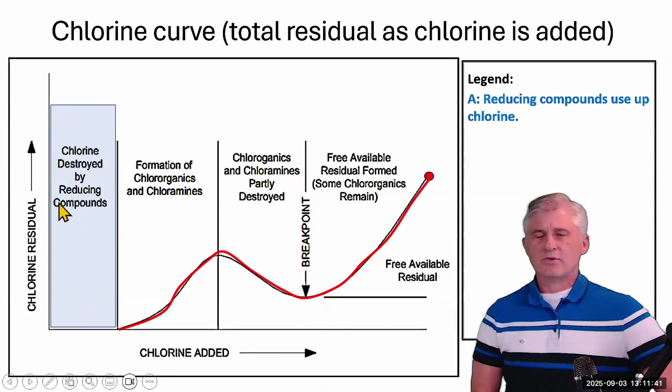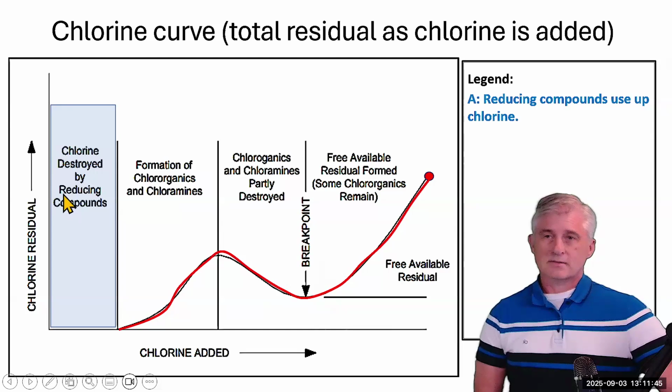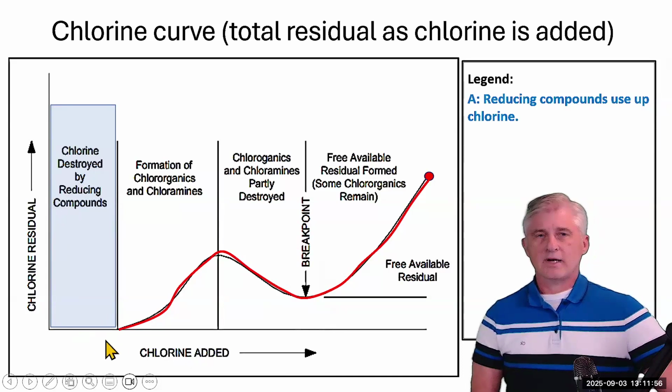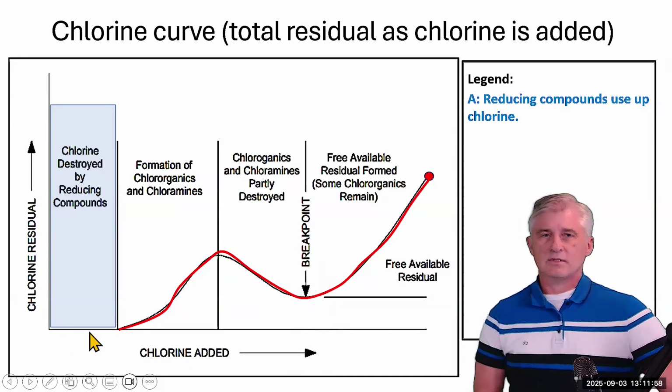Reducing compounds are typically inorganic substances like dissolved iron, manganese, and hydrogen sulfide, as well as organic materials such as ammonia and other nitrogenous compounds. So our initial chlorine application results in no chlorine residual because it's getting destroyed.